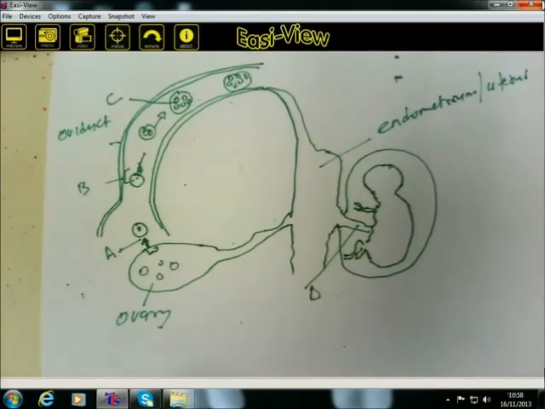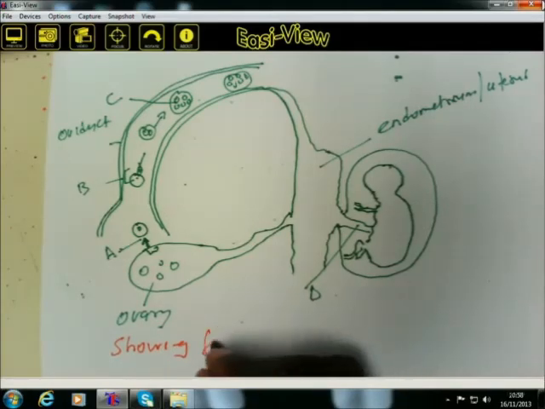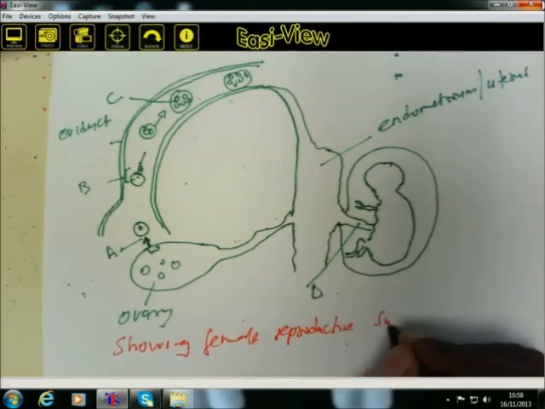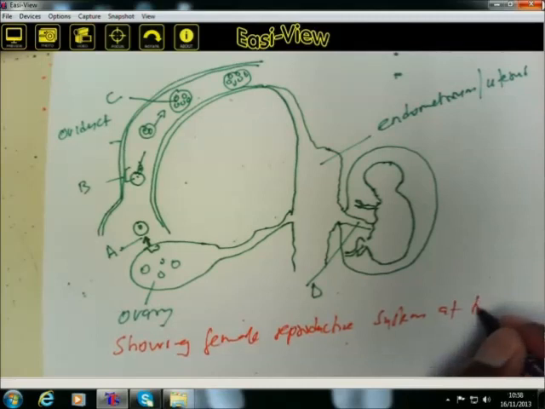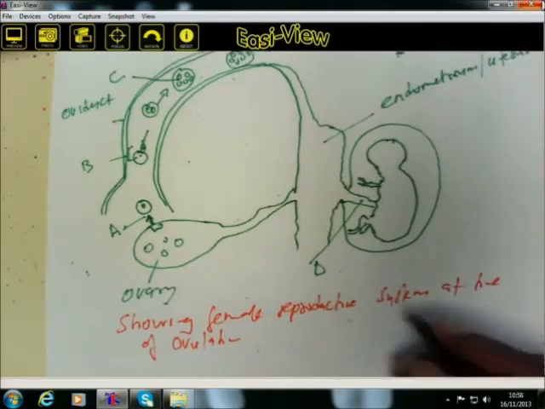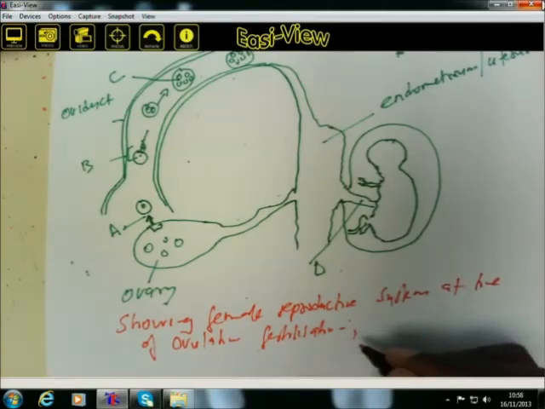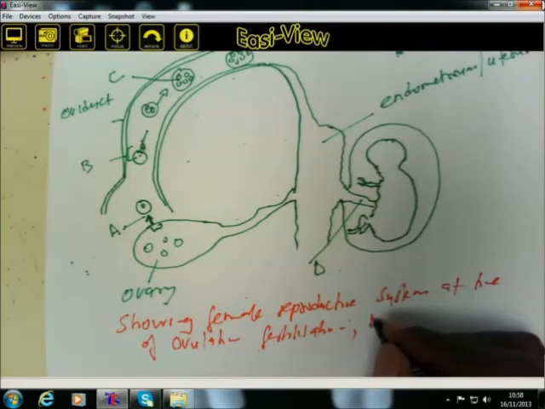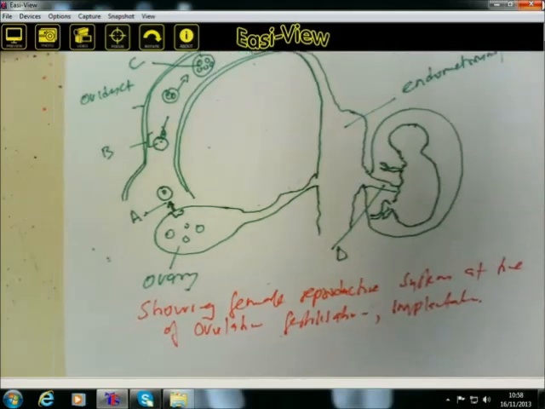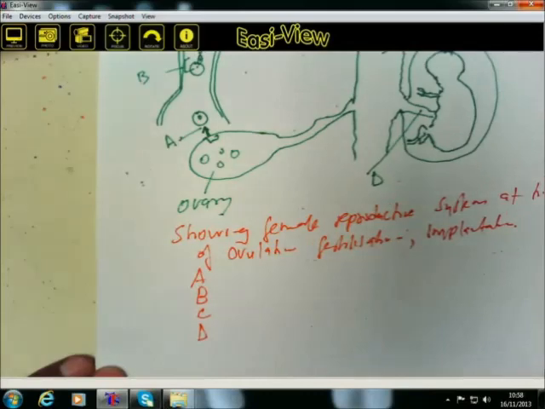This diagram is a diagram showing the structure of the female reproductive system at the time of ovulation, which is A, fertilization, which is B, and implantation, which is D. So in other words, the first question will say we must first be able to identify the processes.